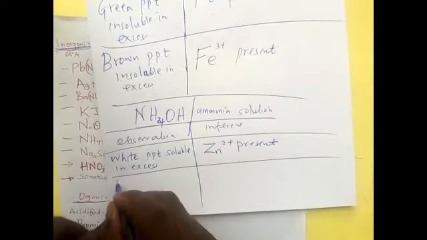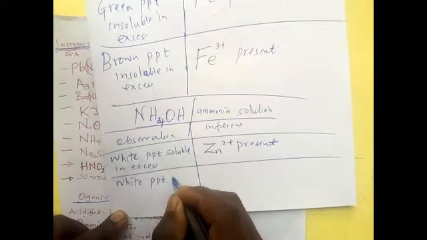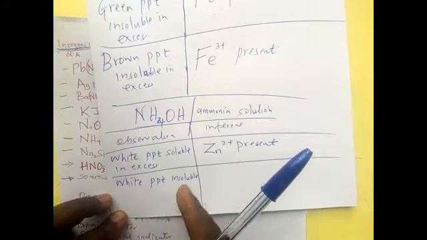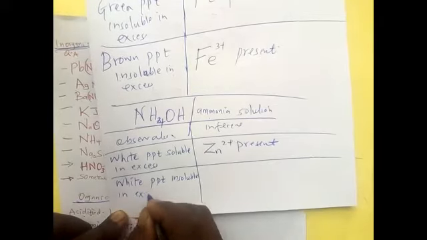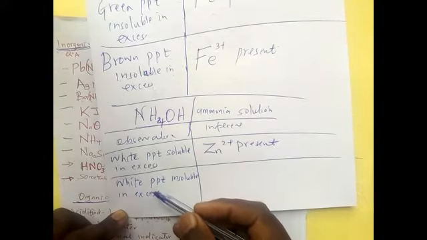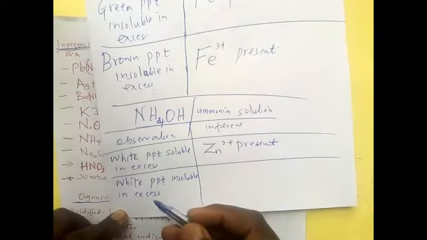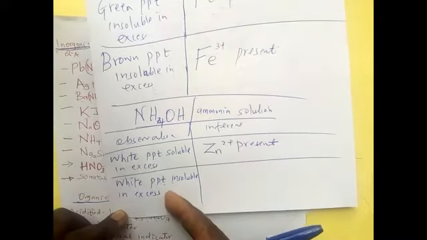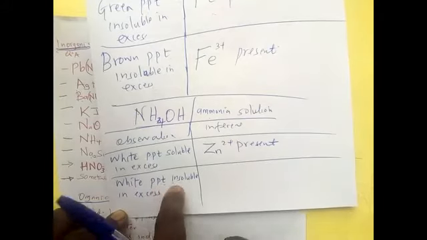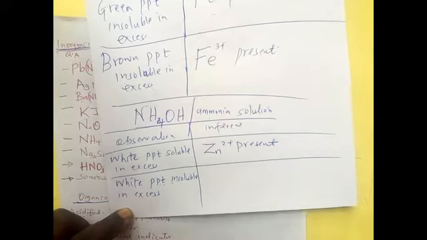What if it forms a white precipitate? A white PPT, insoluble in excess, the one that does not dissolve in excess. It has formed a white precipitate, and when you add the reagent in excess, the white precipitate persists. That means the white precipitate formed is insoluble in excess. What does it mean?